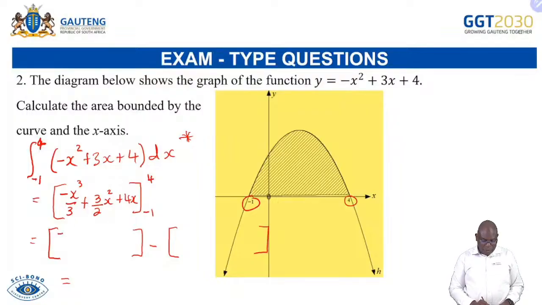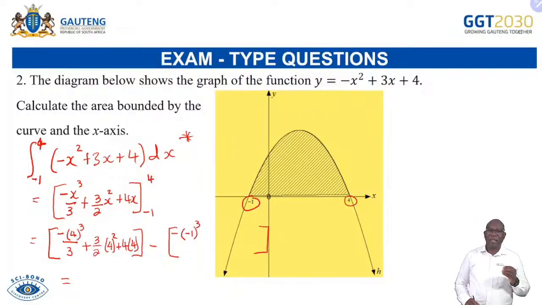So here it should be negative, open bracket, 4 cubed. The negative cannot be inside the bracket, please. All over 3 plus 3 over 2, 4 squared, plus 4 into 4. Okay, right. In this other bracket, it will be the same, negative into negative 1 cubed.